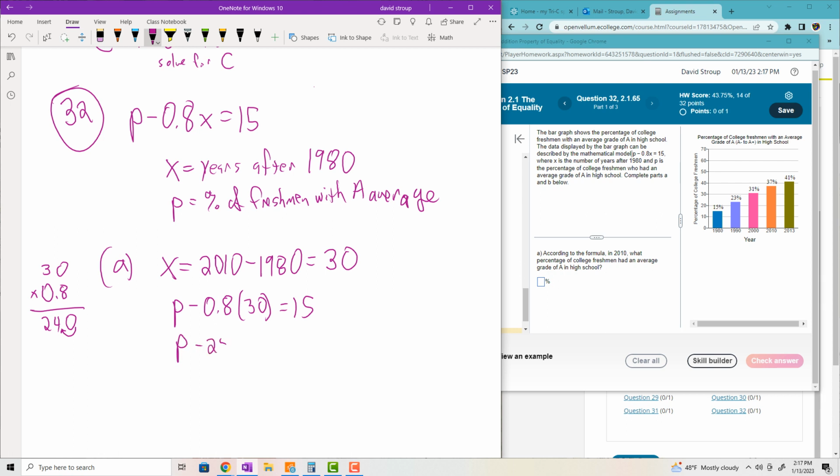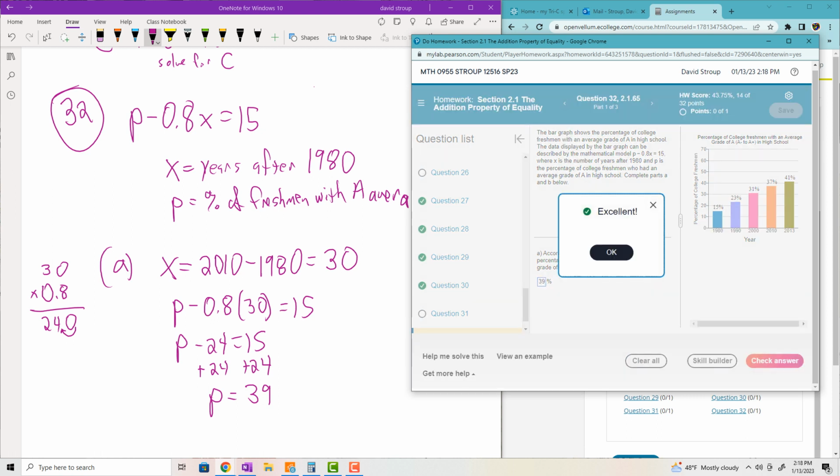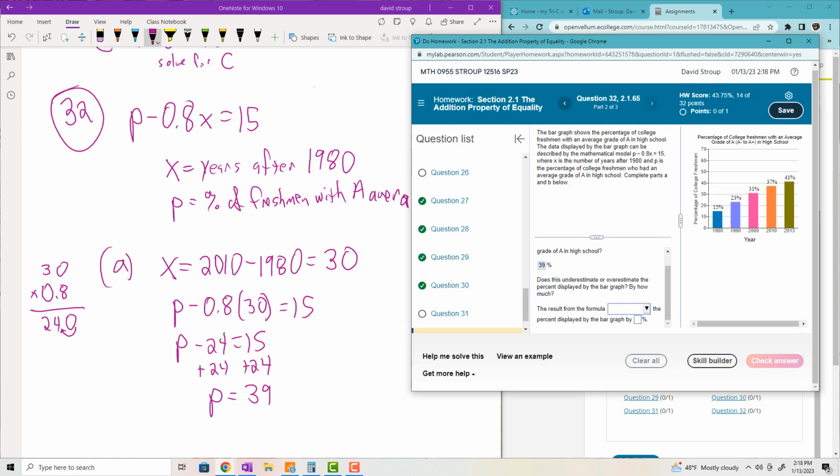P minus 24 equals 15. And then isolate P by adding 24 to both sides. So P is 39. So the answer is 39% of these college freshmen have an average grade of A in high school once they get to college.